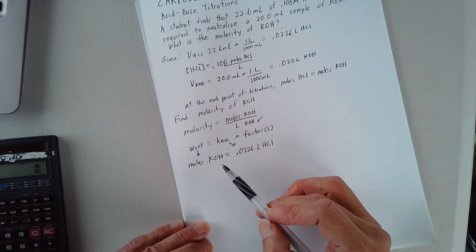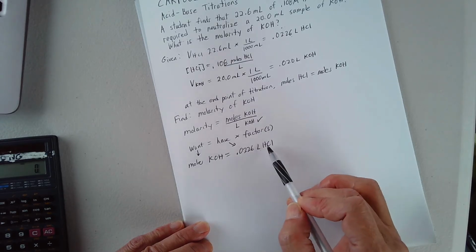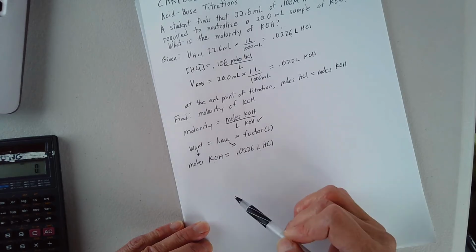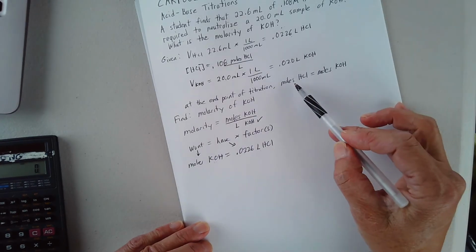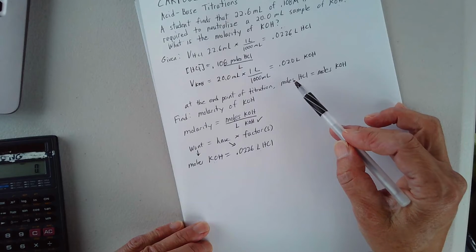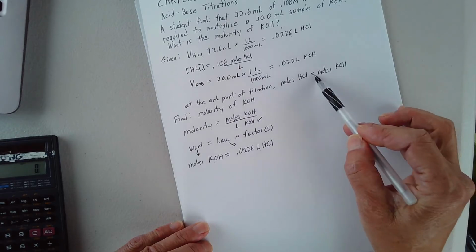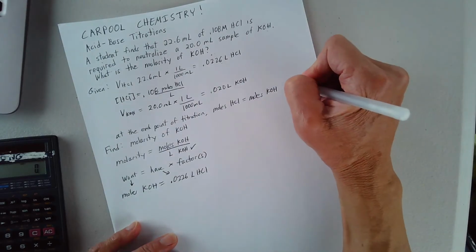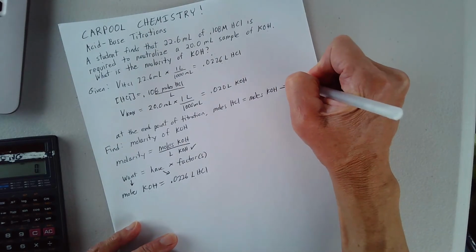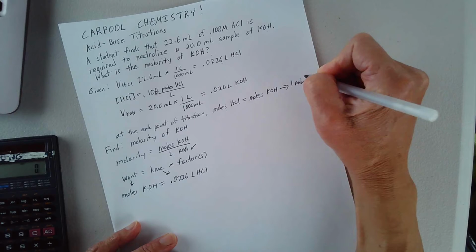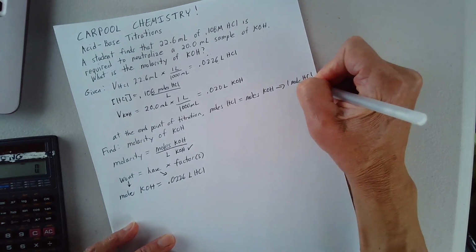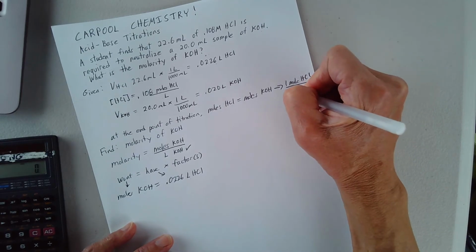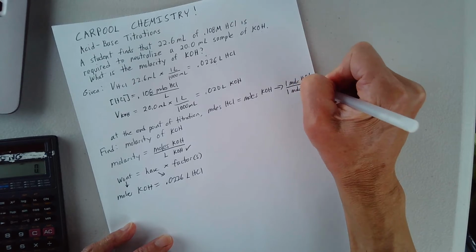We need to somehow relate liters of HCl to moles of KOH. Do we have a factor that relates amounts of HCl to amounts of KOH? Well, if we look over here, we know at the end point, the moles of HCl is equal to the moles of KOH. In other words, there is 1 mole of HCl for every 1 mole of KOH.